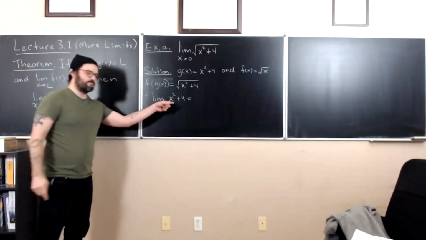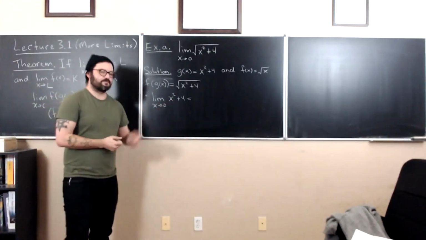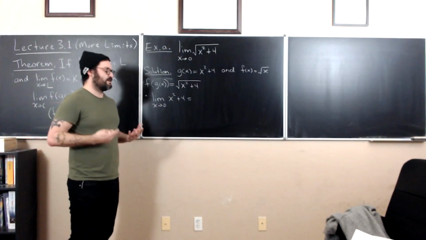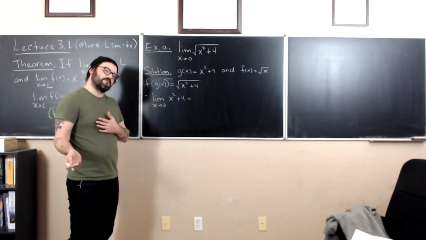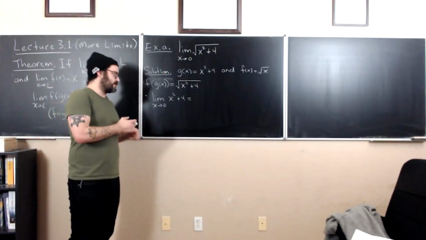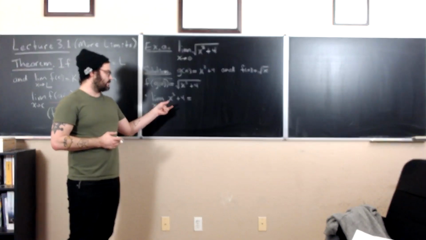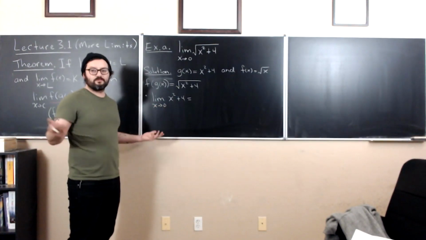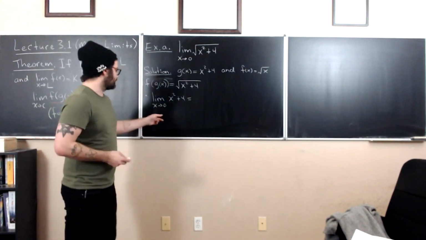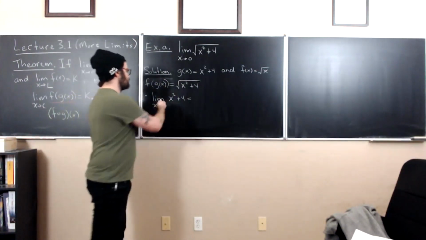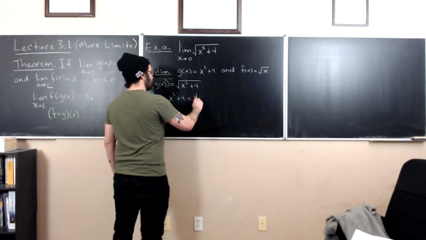Well, that's just a polynomial function. X squared plus 4 is a polynomial, it's smooth, there's nothing to worry about. As we learned in the previous lecture, we can just plug the limit value into the polynomial, and that will be the resulting limit. So we plug in a 0 there, we get 0 squared plus 4. So that's just a 4.